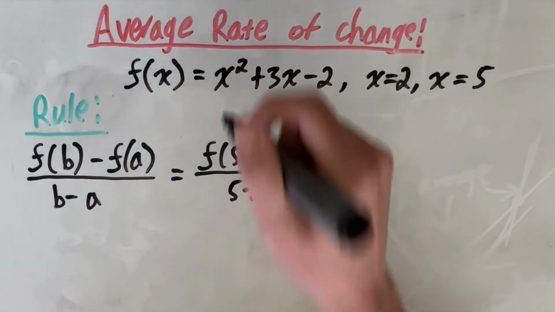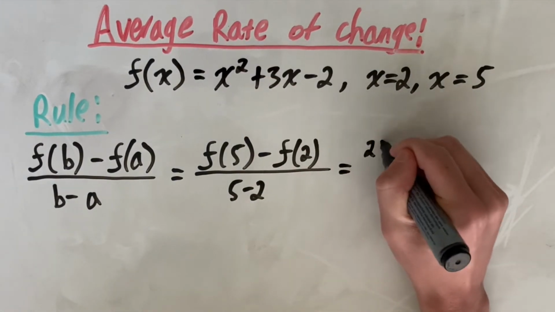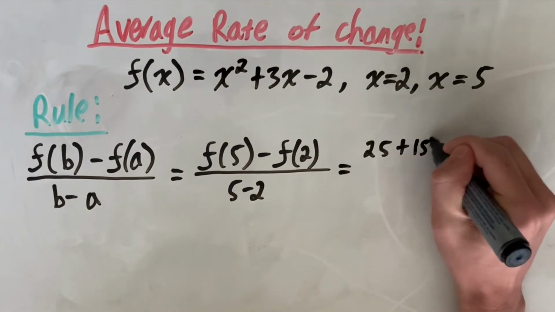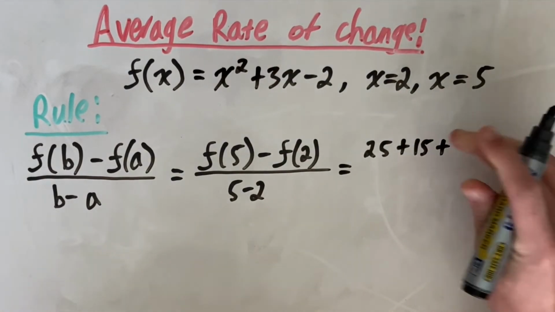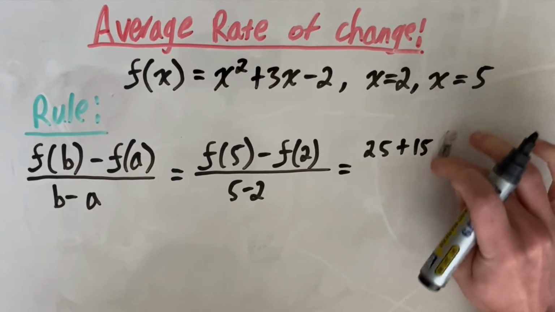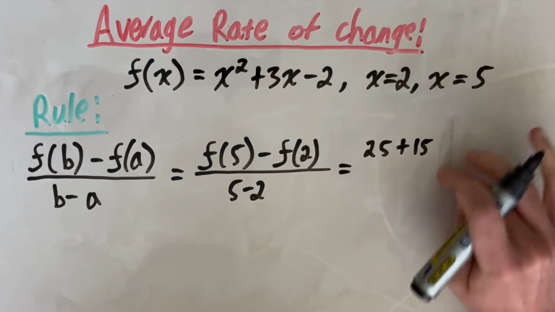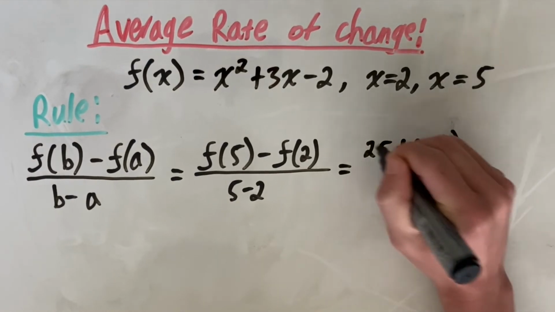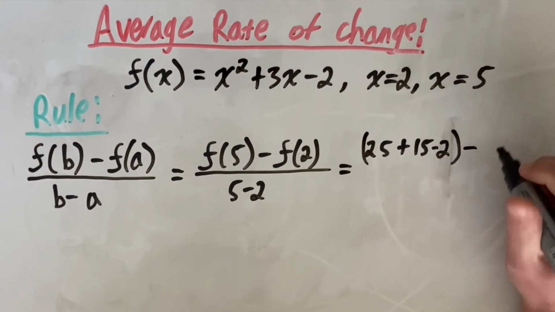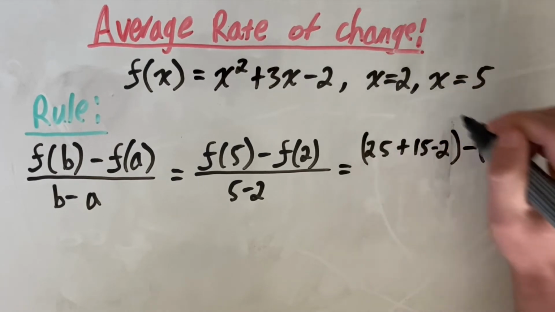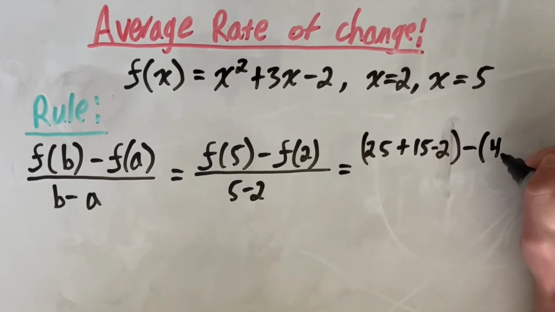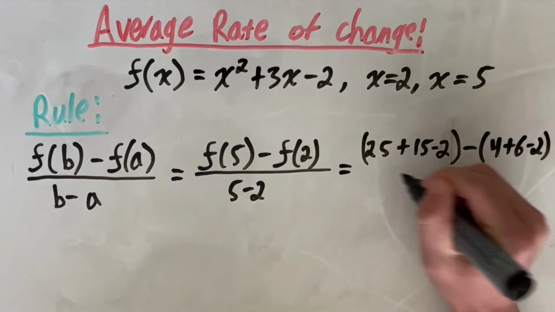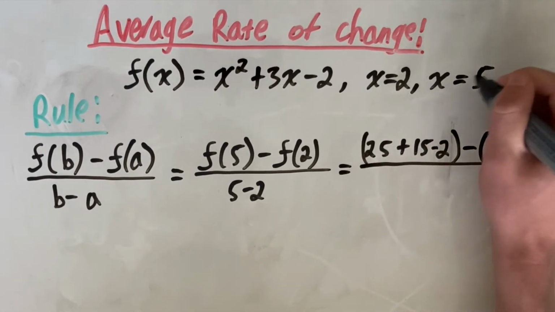So to calculate this, we first have f of 5, so just sub in 5 for all your x terms, which will give you 25 plus 15, sorry, that's a minus 2, and that's because if we replace all of x's with 5, 5 squared is 25, 3 times 5 is 15, and so on. And now we simply do the same for f of 2, so that gives us 4 plus 6 minus 2, and then 5 minus 2 is 3.